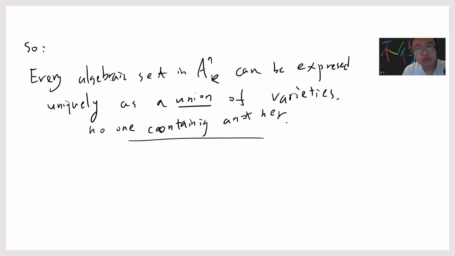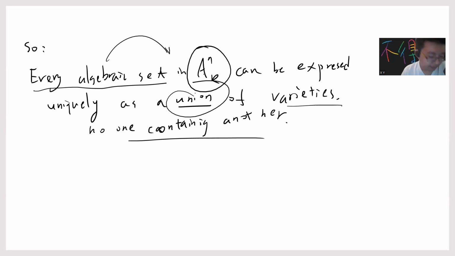Okay, very simple because this is the Noetherian topological space. So by definition every algebraic subset is closed, right? In the Zariski topology an algebraic set is closed, and so it can be expressed uniquely as a union of varieties.